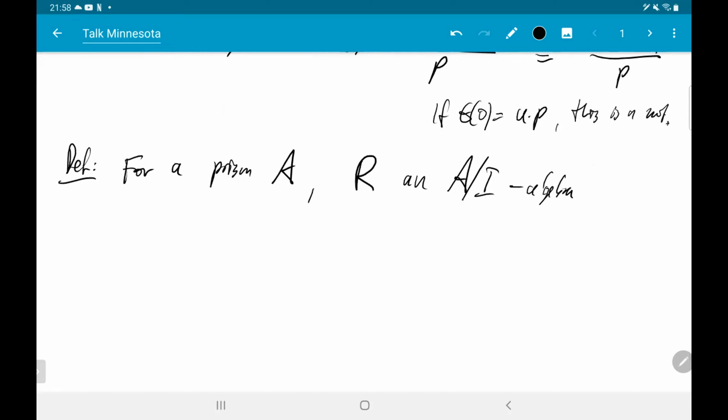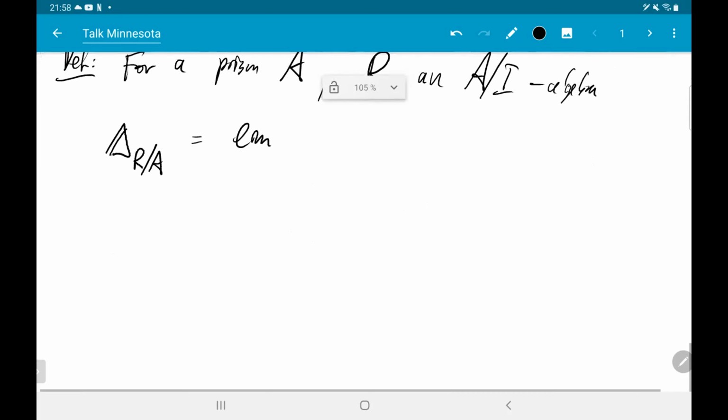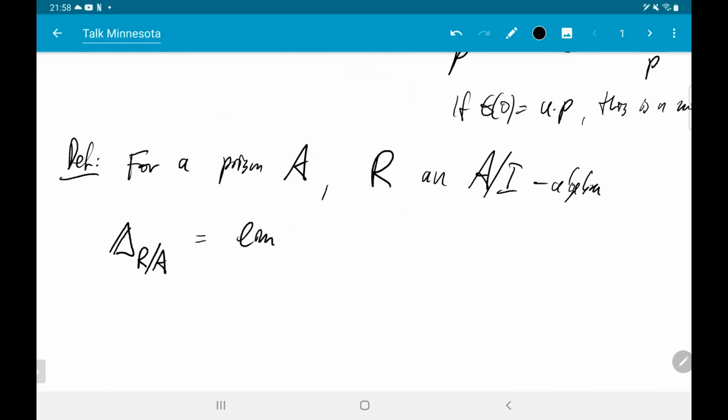And then the prismatic cohomology, which I'm going to write as prism of R relative A, is going to be a limit. And it's going to be a limit over the relative prismatic site of R.